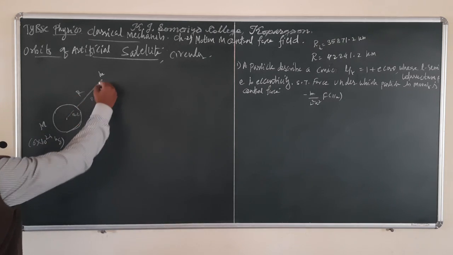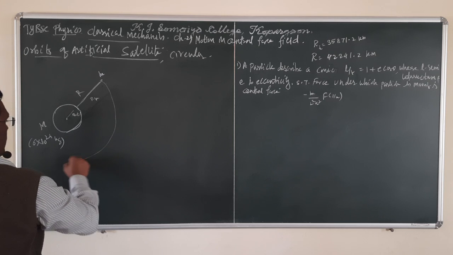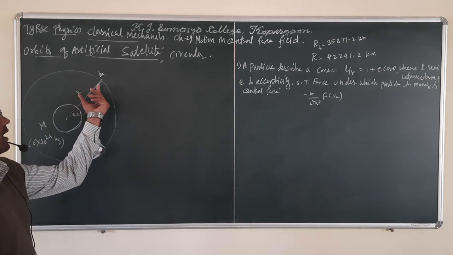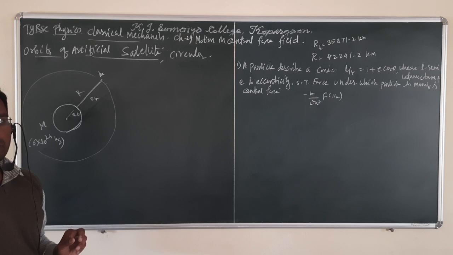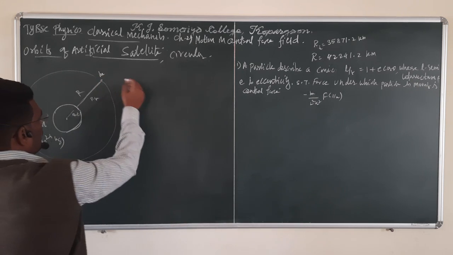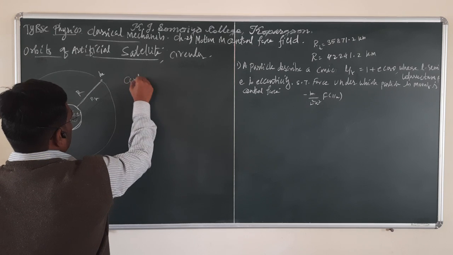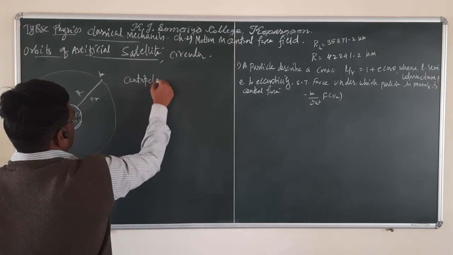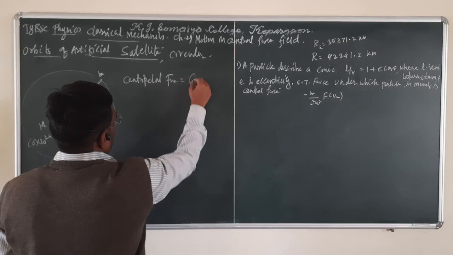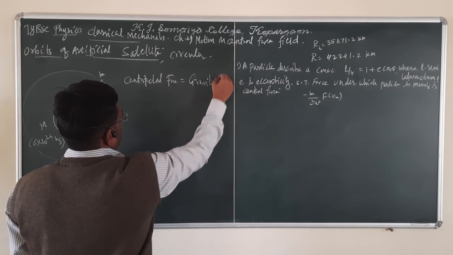Now in this case, since the satellite is revolving under circular motion, this is a bounded type of motion, and when that satellite is moving, the centripetal force is balanced by the gravitational force between those two.